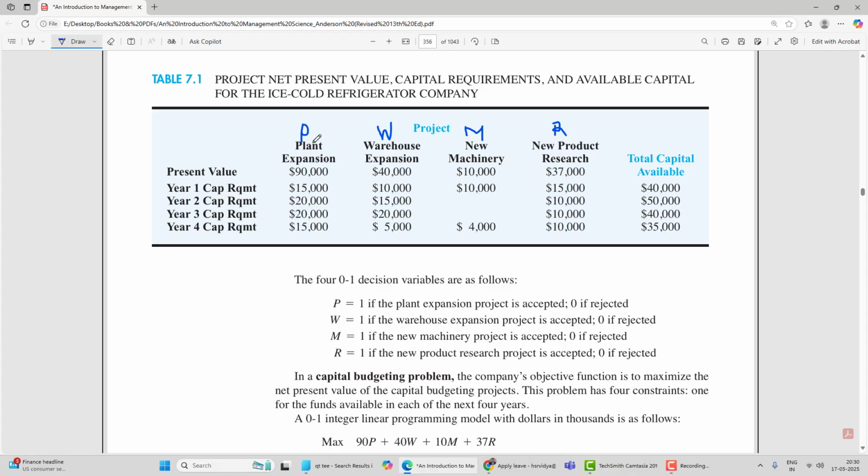So if this variable takes a value of 0, then that particular project is dropped, which is not considered. If that particular value is 1, that means we are going ahead with that particular project. So that is what is explained here. P equals 1 if the plant expansion project is accepted, 0 if rejected.